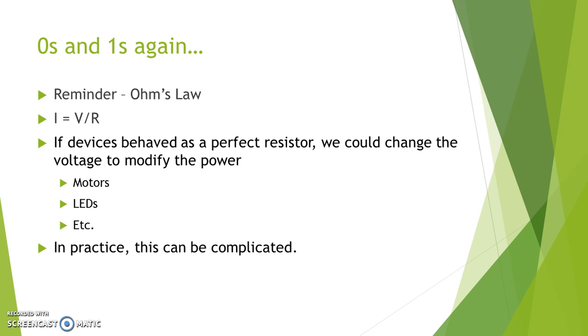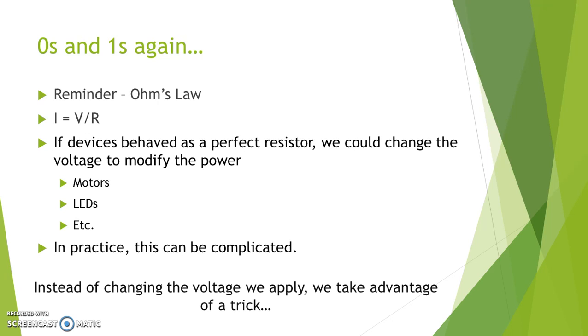Often things like motors, they don't behave like perfect resistors. It's all or nothing, or 0 or 1. So the motor will only turn if a certain voltage is applied, for example. Similarly, LEDs can have similar kinds of behavior, where they can't behave as a perfect resistor. And so we can't have good control over power in that way.